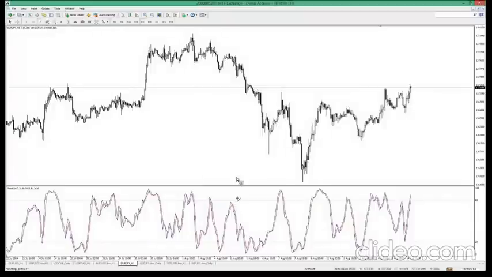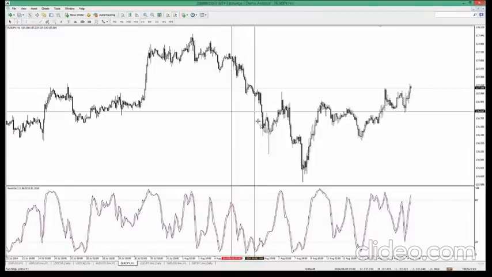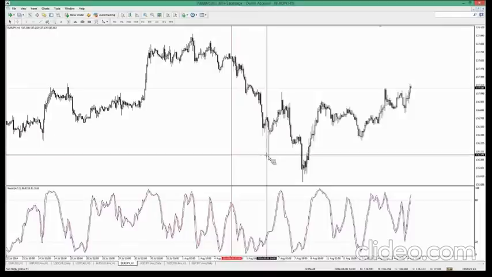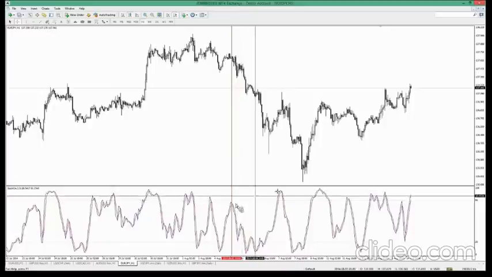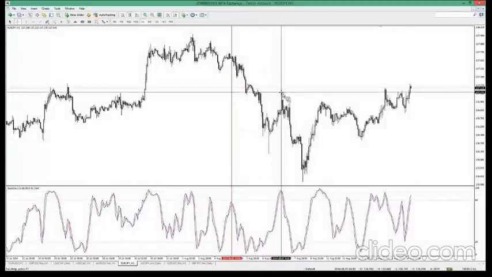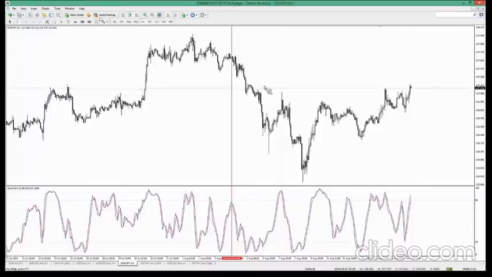So here, if we compare the peaks, here we have a high, price moves down, and we'll follow price. You'll see how the indicator makes a higher high, but price is making a lower high. So from here to here, and from here, here to here, we have the indicator making a higher high.